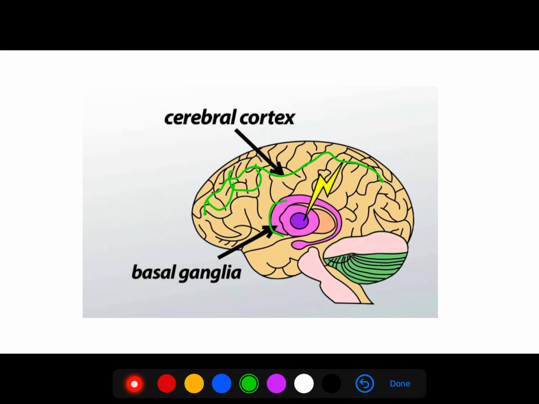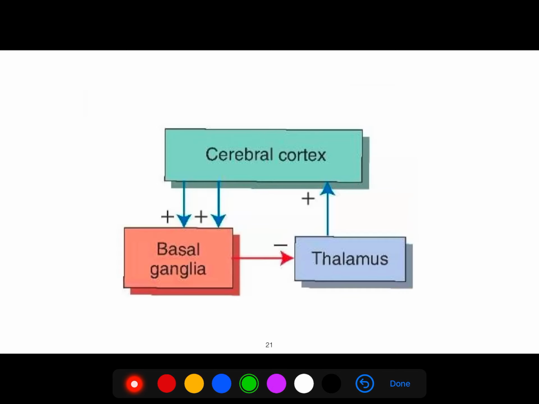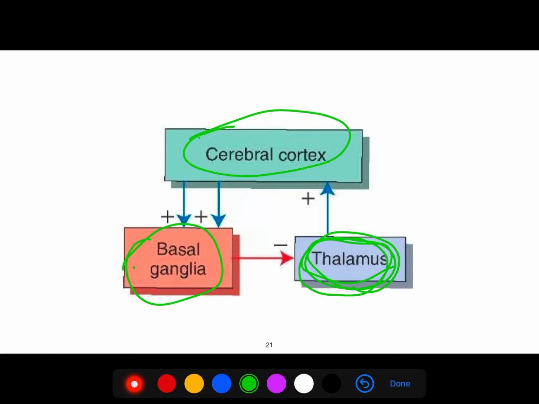Basal ganglia is for your reinforcement learning or reward processing, action generation. And the thalamus is the gateway to all of your sensory areas, such as visual cortex, auditory cortex, and many of those things. Basal ganglia is for reinforcement learning. Cerebral cortex is the center of all processing.